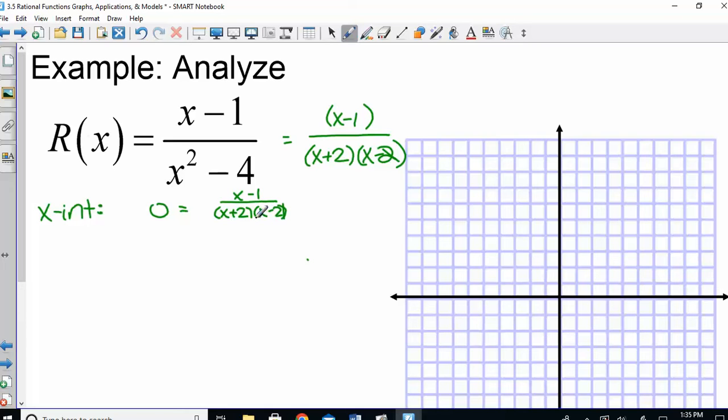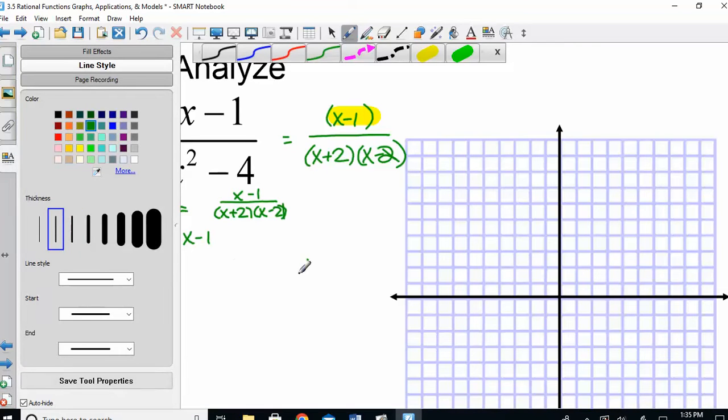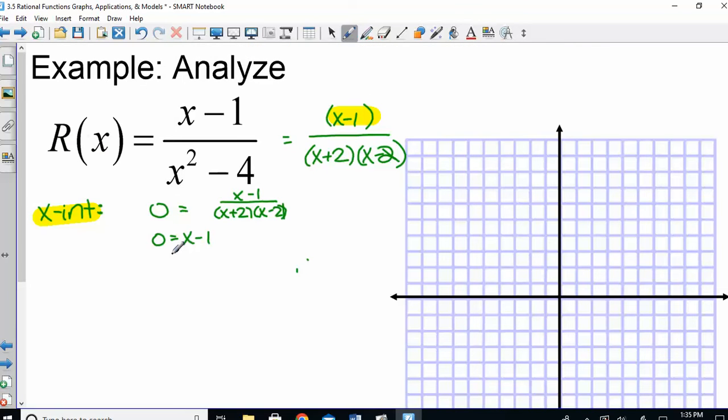Multiply by the denominator, right? What's 0 times anything? 0. So when you're finding the x-intercept, it's really just what makes the top equal 0. And so if you remember that, you don't necessarily have to show me a lot of work here. What makes the top 0? 1. So my x-intercept is at 1.